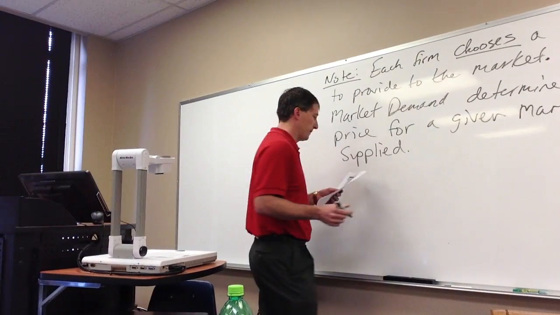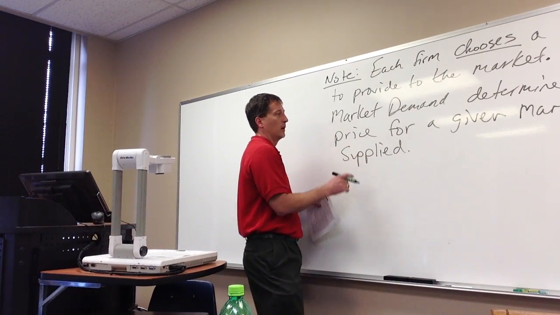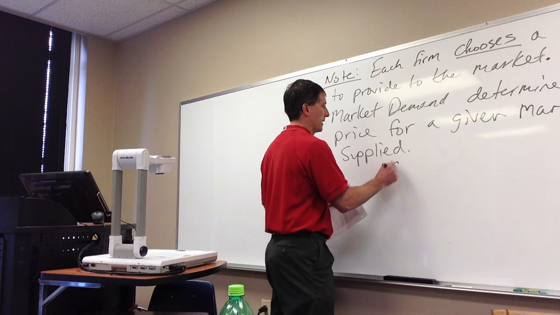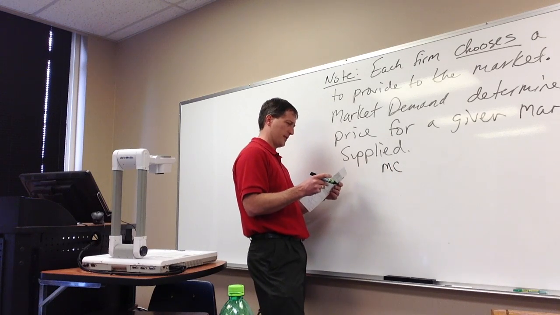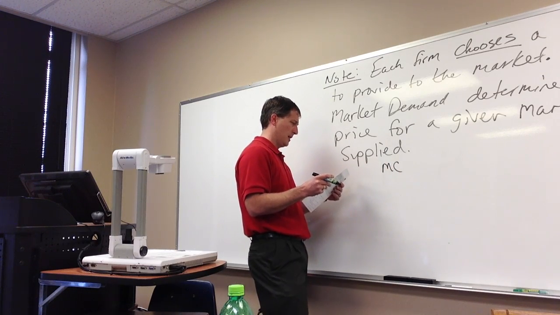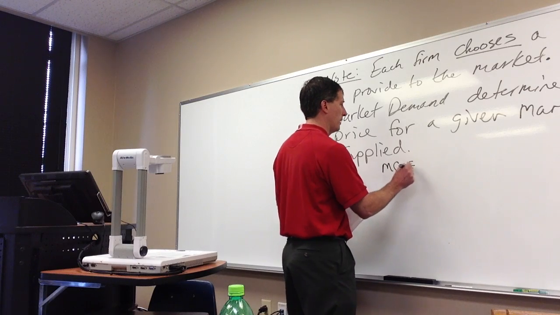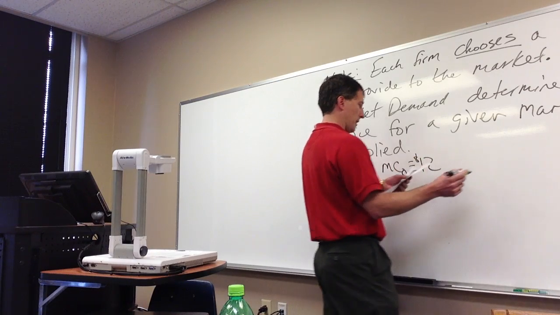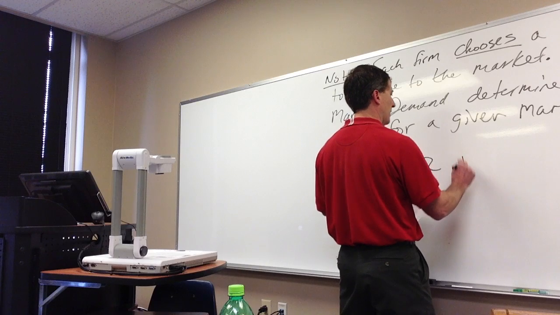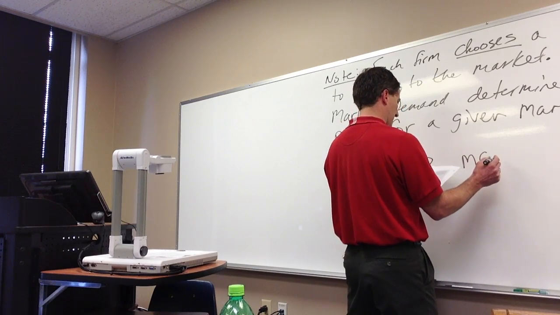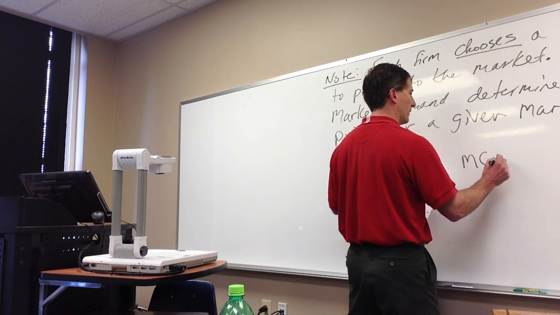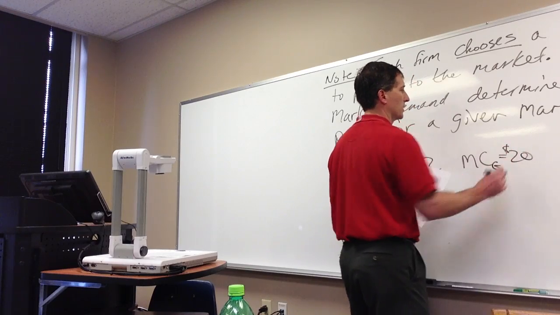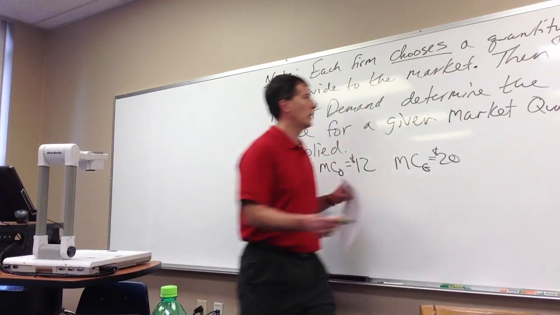So again, kind of helpful to jot down what's going on with each curve. We got the marginal cost for, what was it, Oil Pro has a marginal cost of 12. And Grease Tech, marginal cost of 20. What do these curves look like then in our normal price quantity space?